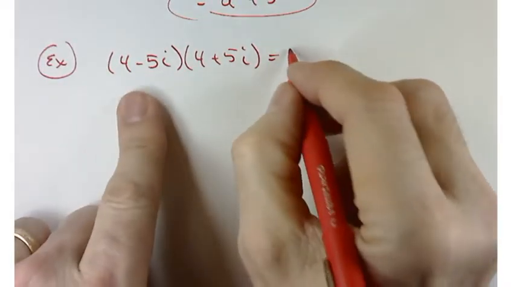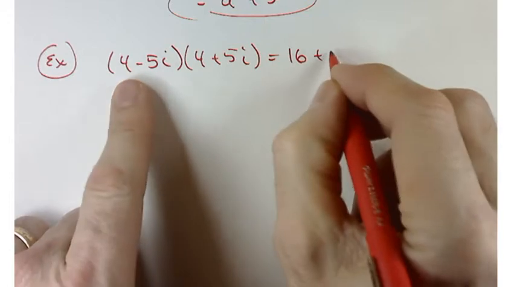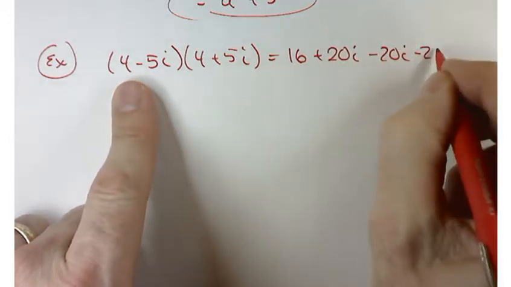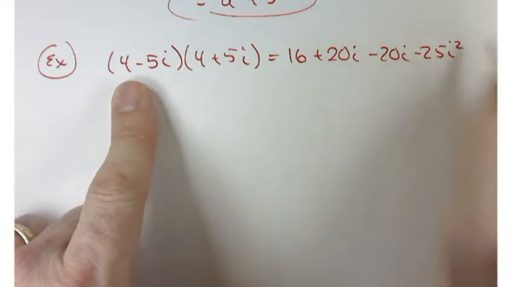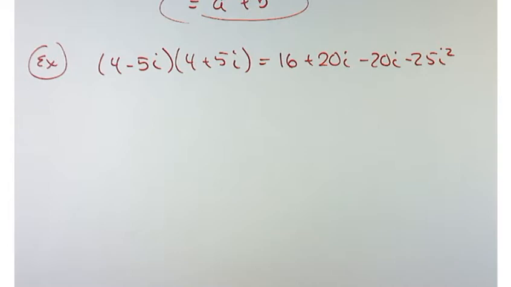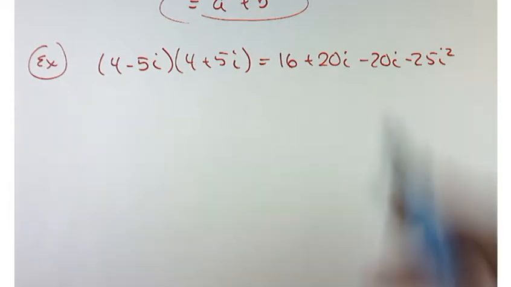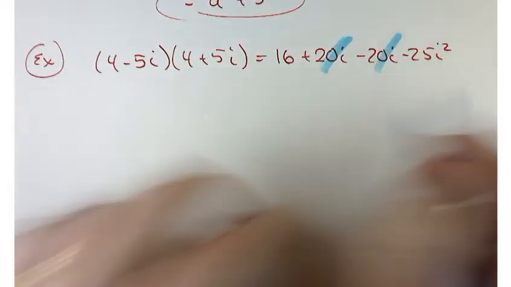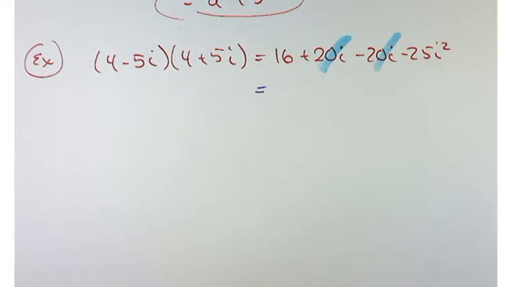You should have something that looks like this: 16 plus 20i minus 20i minus 25i squared. It's important to get that i squared. Now, as with our previous example, these two things cancel each other out. Minus 25i squared, what happens to that?